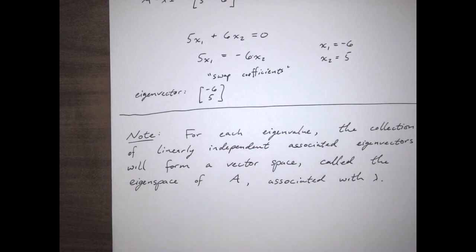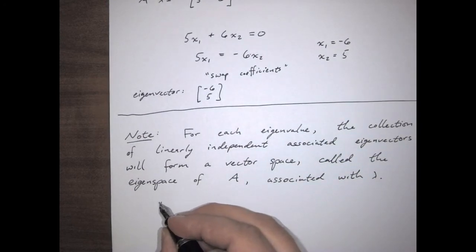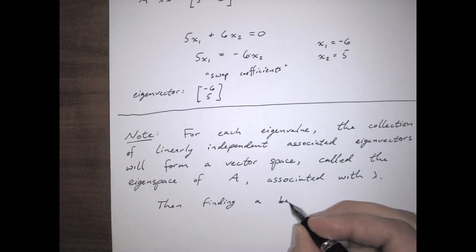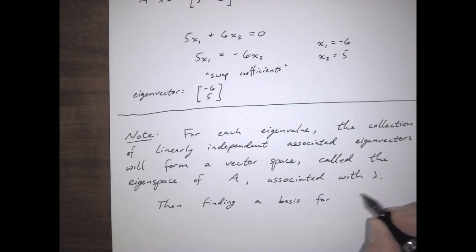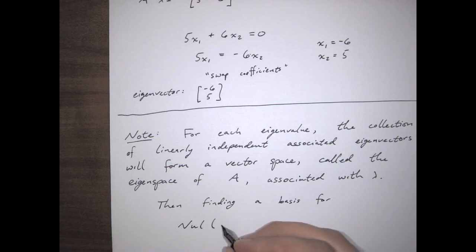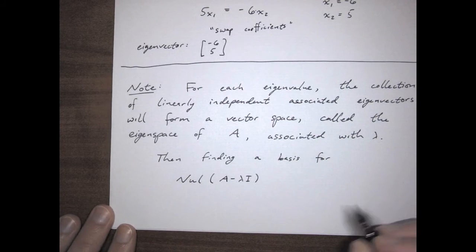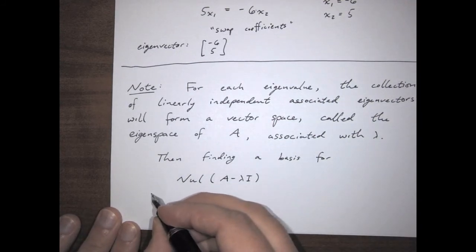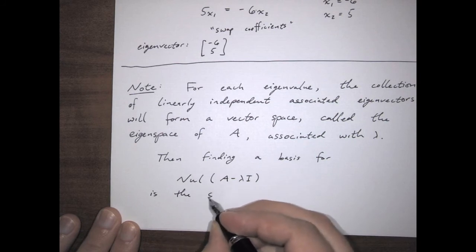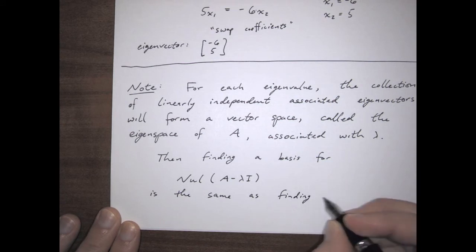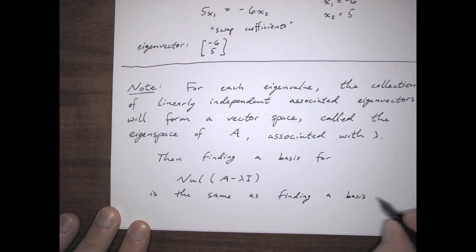So then finding a basis for the null space of A minus lambda I will be finding the eigenspace, finding a basis for the eigenspace.